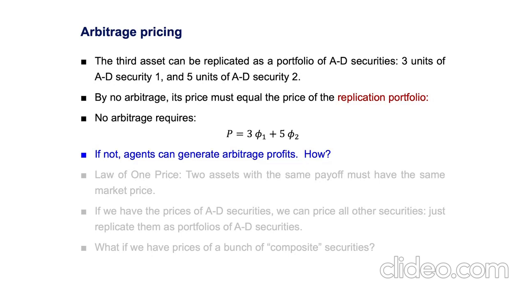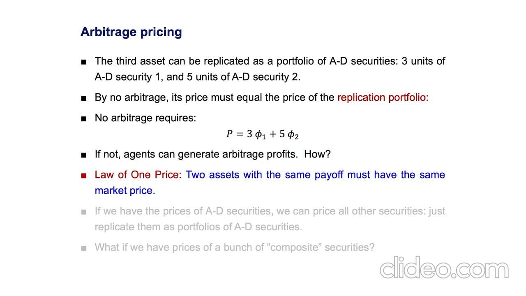The price difference in this case will be positive, will be our current profit. And then the net future cash flow would just be 0. So in the absence of arbitrage, we must have the price of the third asset being the same as the cost of the replication portfolio.